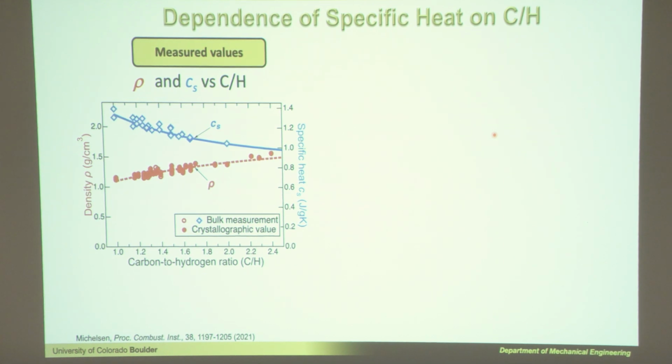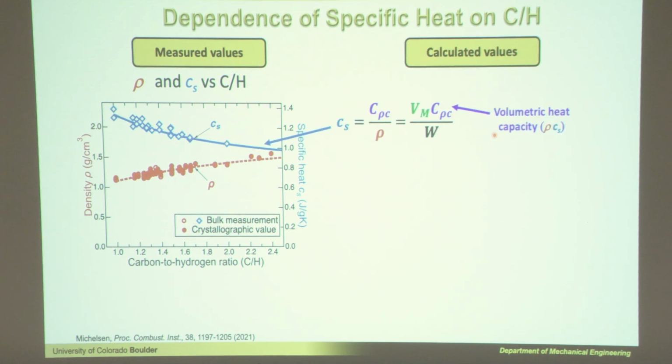Back to this guy. So I figured out the density with that simple equation. Then I was like, okay, well, there has to be an association between the specific heat and the density.